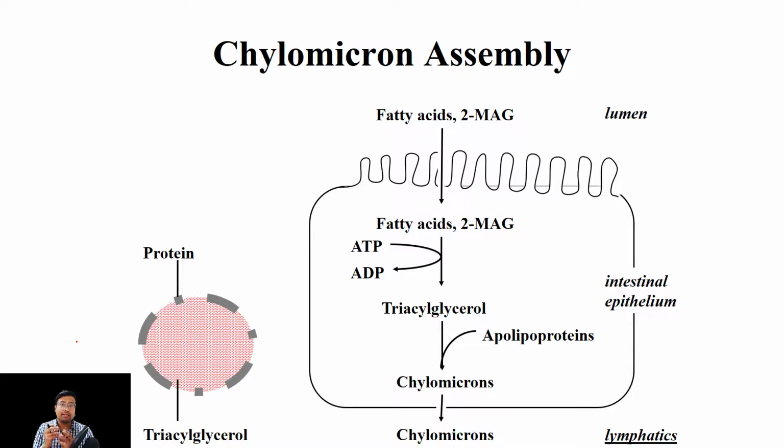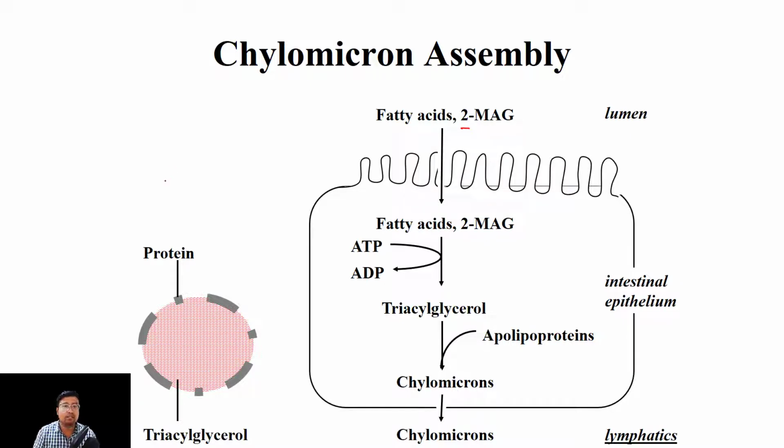Lipase means an enzyme that is a hydrolase, that with the help of water breaks a lipid into its simpler components, that is fatty acids and glycerol. So 2-MAG means monoacyl glycerol, where the acyl group is present in the second carbon. So fatty acids and 2-monoacyl glycerol are absorbed from the brush bordered cells of the intestinal epithelium.